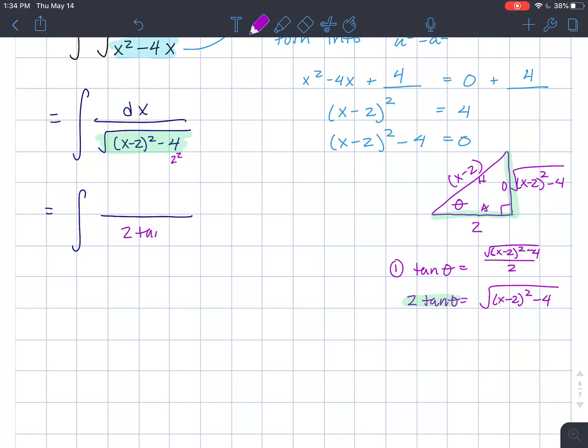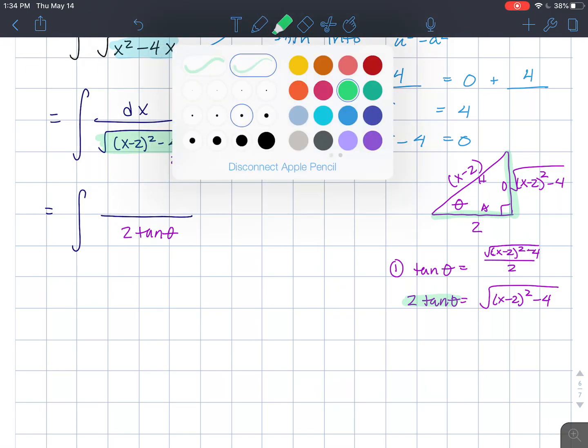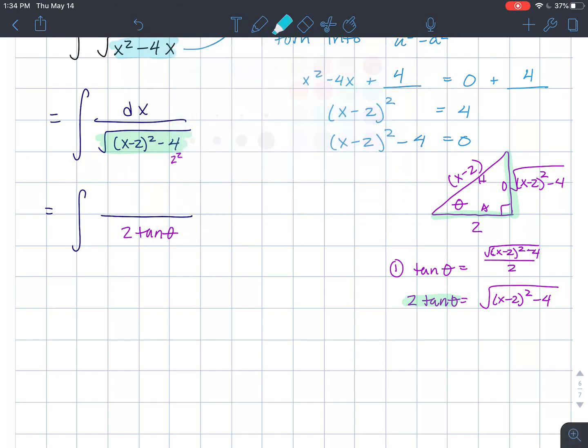So this is going to become 2 tangent of theta in the denominator. And then I want to replace my dx. So my easiest thing to relate for those two parts is I want to relate the constant and then the side that's easier to solve for x. So I want to relate my adjacent and hypotenuse, so that's going to tell me cosine.